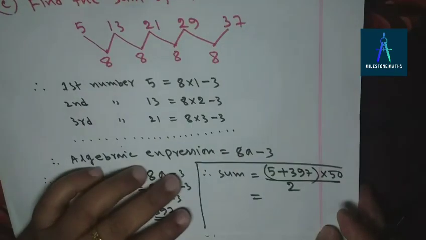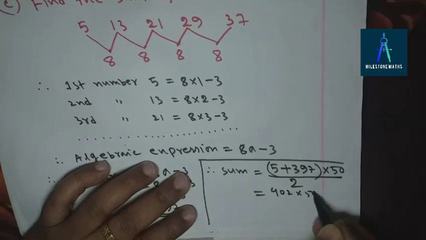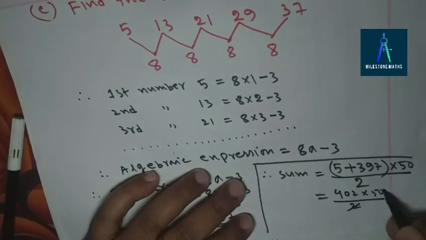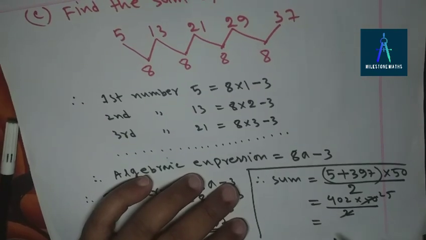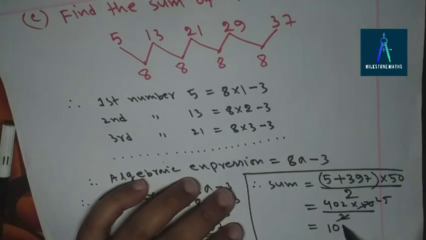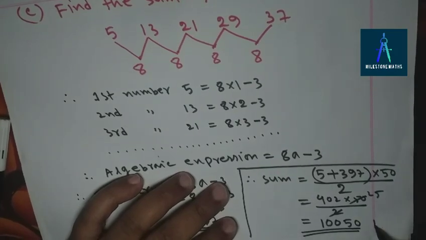If we do the calculation, we will get 402 multiplied by 50 divided by 2. If we cut it, we will get 25. Then after calculating, we will get 10050, and this is the answer.